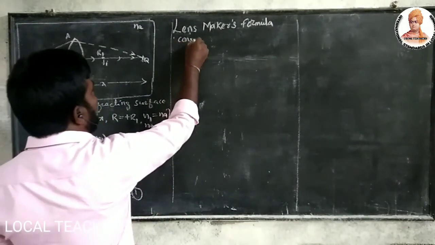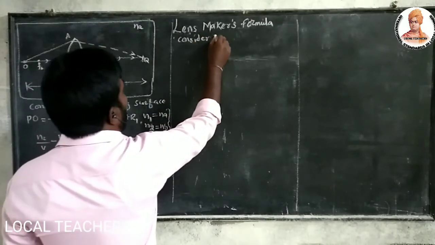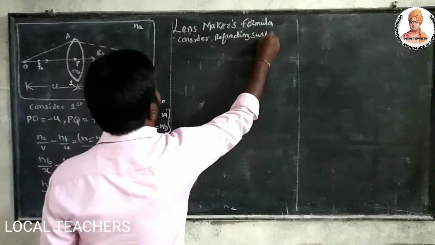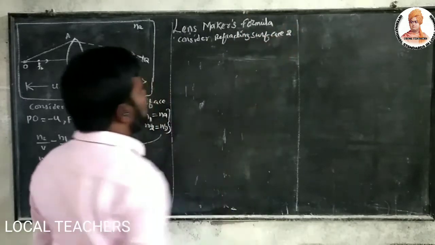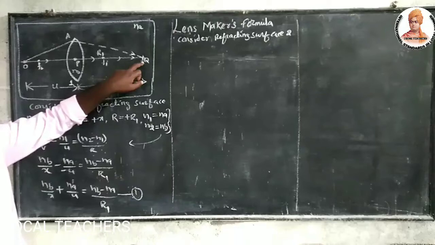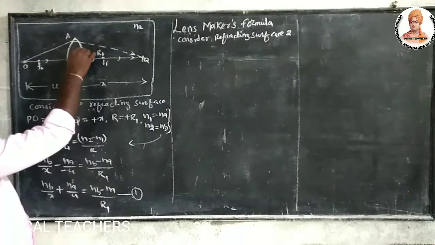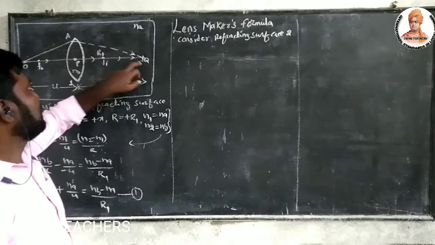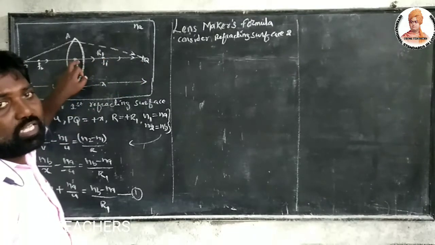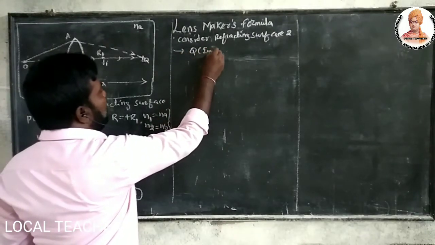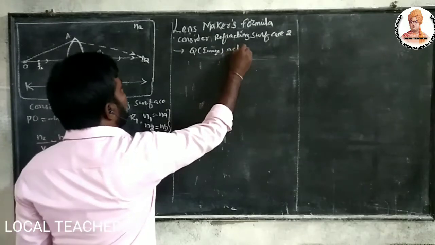Next, consider refracting surface 2. In this case, the special effect is that the earlier Q, which is an image, when we consider the second one as a refracting surface, this image Q acts as an object for the second refracting surface.